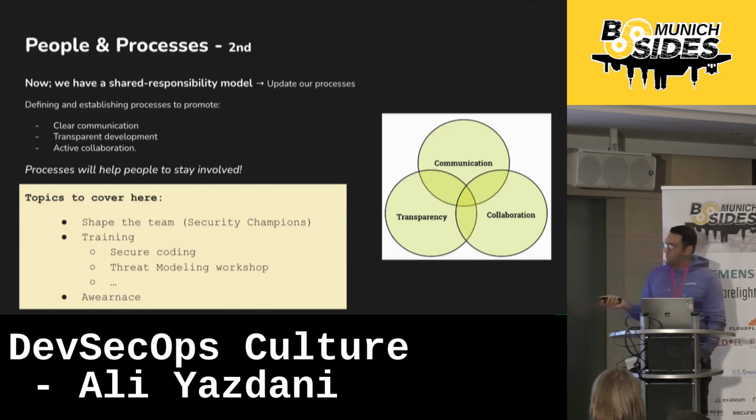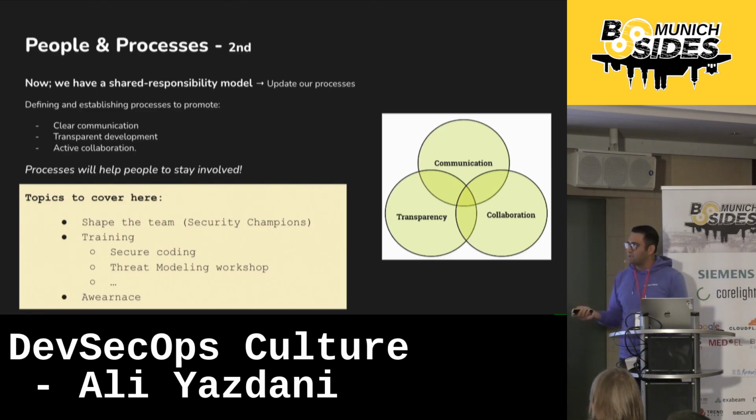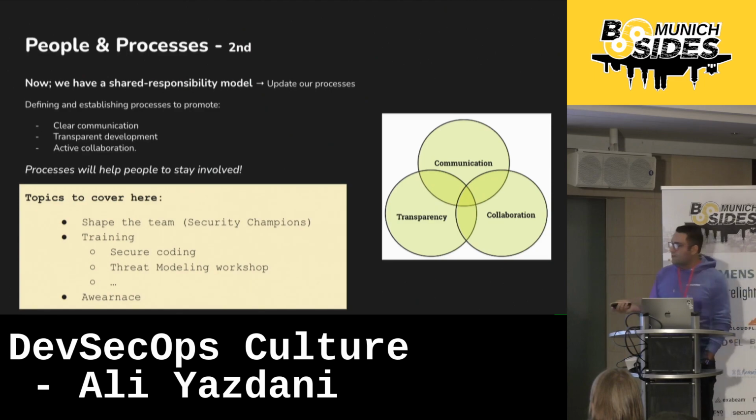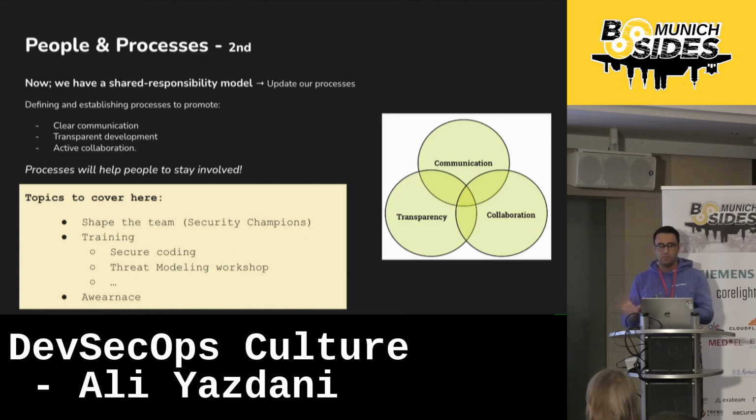So one of the key points here is communication: we should every time try to inform people and keep them involved in the DevSecOps process. And some topics that we can hear here are like shaping a security champion team, which comes from different departments, like marketing and sales, because as you know, marketing just tries to chase the engineering team to provide some solution, and sales wants to sell that solution.